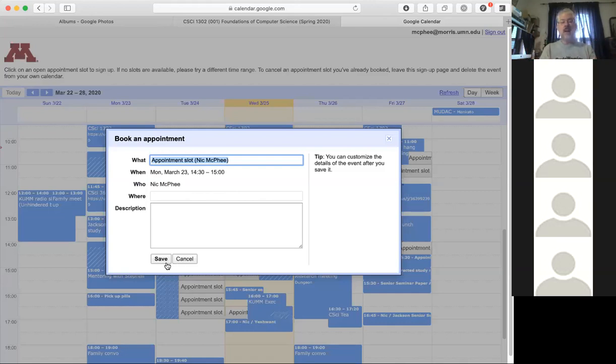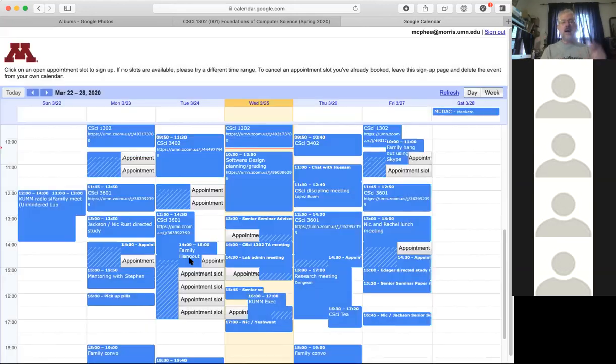And if you hit save, then that slot will disappear from the list of available slots. It will show up on my calendar with your name on it, so I'll know you signed up for it. I will get an email about it, and some other notifications will happen. So the world will yell at me saying, Opti picked a slot. And I'll be able to be like, great, I knew that. And so I'll know to look forward to that being a thing.